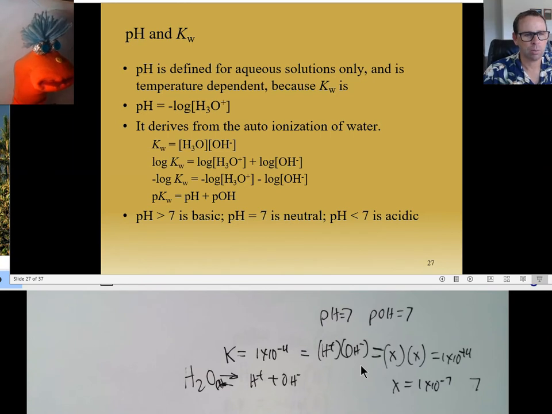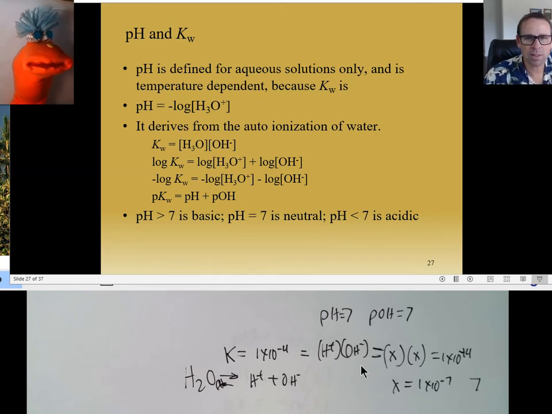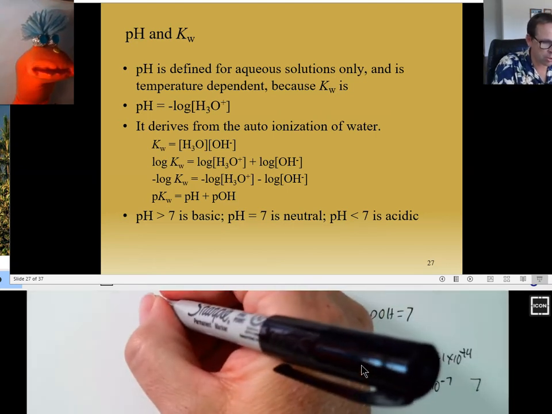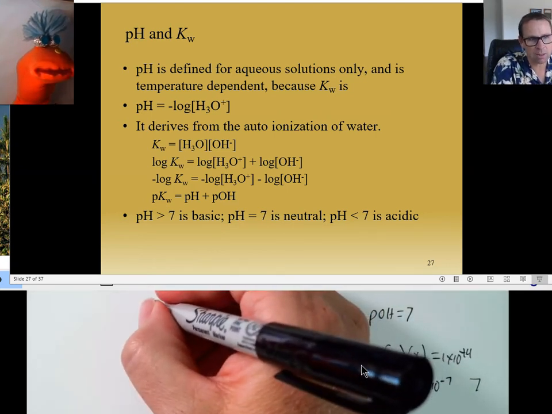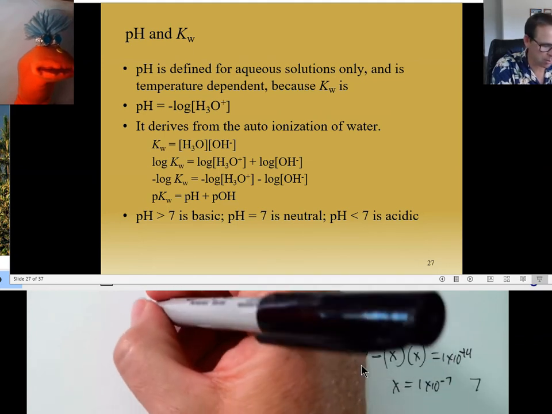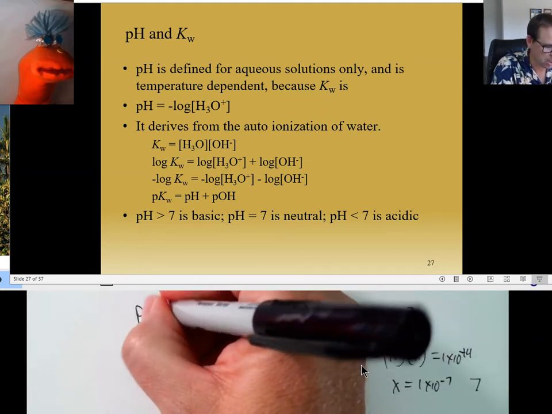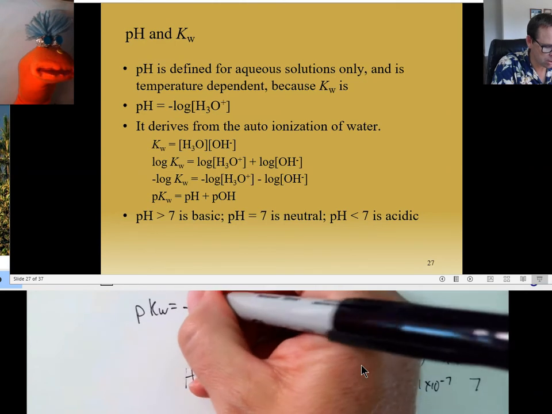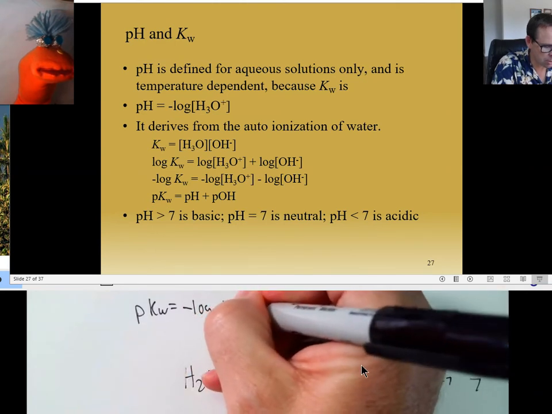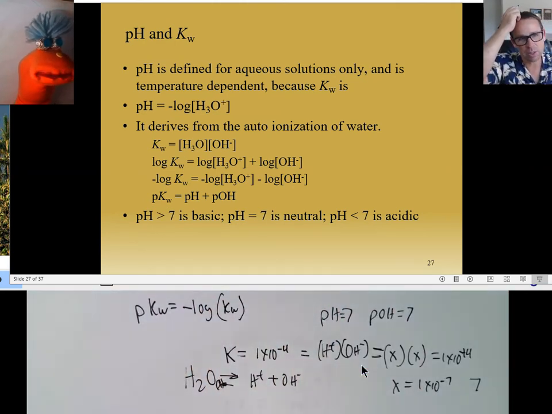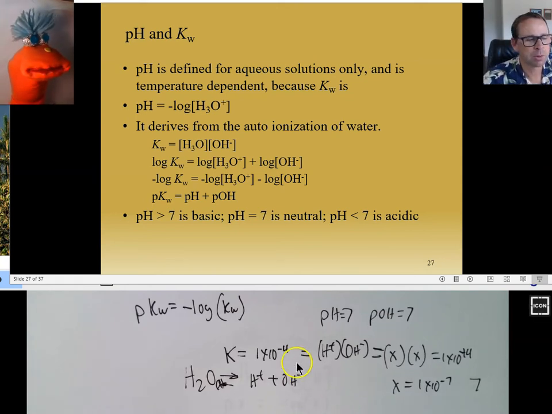And what we see here is a relationship between pH and pOH. pH and pOH will always add together to make pKW. So pKW equals negative log of KW. Now, do you remember what KW is? No, I don't know what KW is.